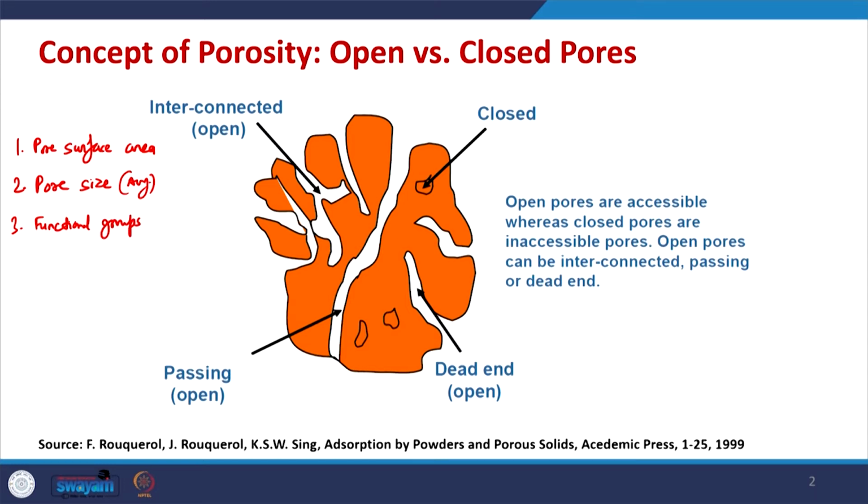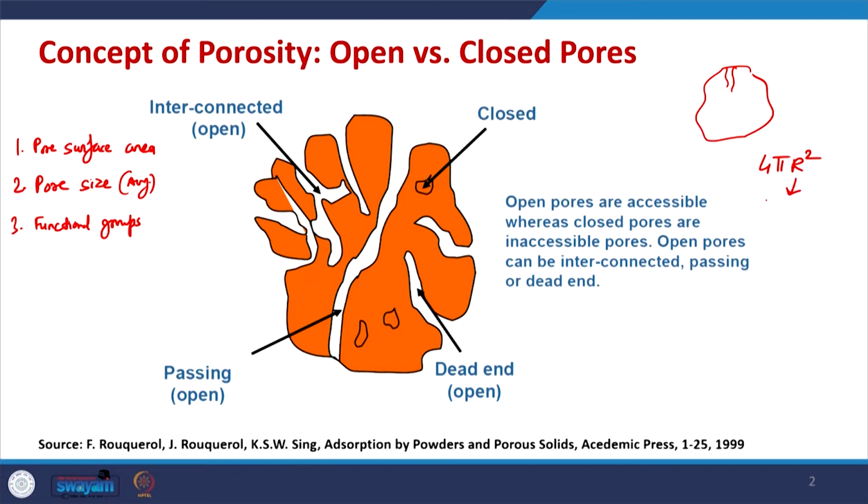Now, the pore surface area and pore size, the two properties tell us that there are two things. If any adsorbent is there, that adsorbent may have different pores, the way it is shown here in this slide. So, its outer surface area will be different, and suppose this adsorbent is spherical in nature. Its outer surface area is 4 pi r square, where r is the radius, which we know very well.